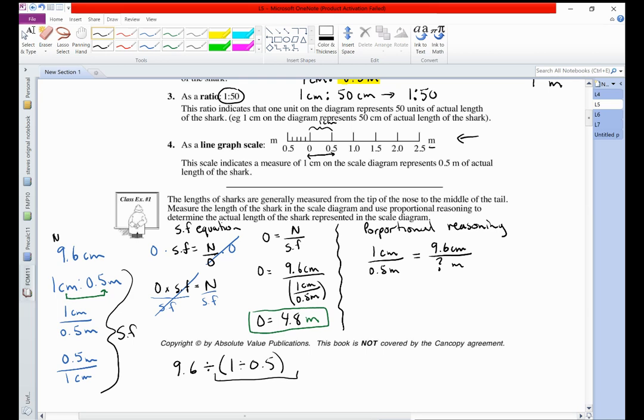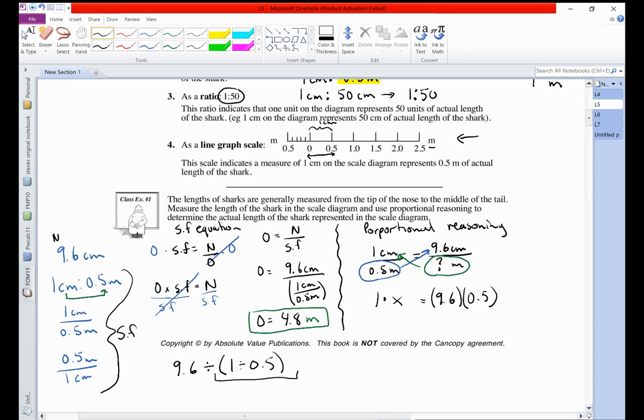And then what you're going to do is cross multiply. So basically what happens is this moves up to this side, and this moves up to this side. So you can say we have 9.6 multiplied by 0.5 is equal to 1 multiplied by our x, right?